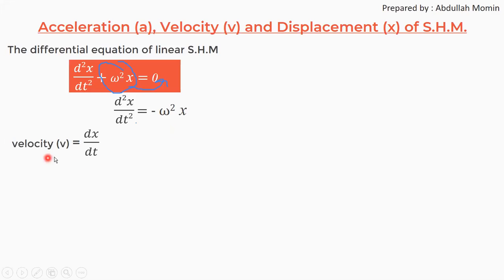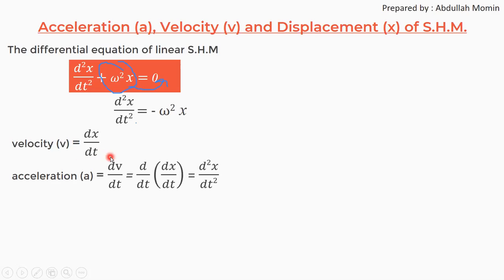We know that velocity is dx by dt, that is, the rate of change of displacement is velocity and the rate of change of velocity is acceleration. So instead of dx by dt, it becomes d square x by dt square. This is the formula of acceleration.